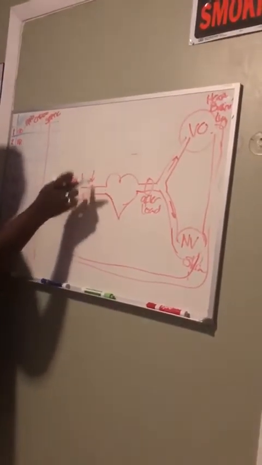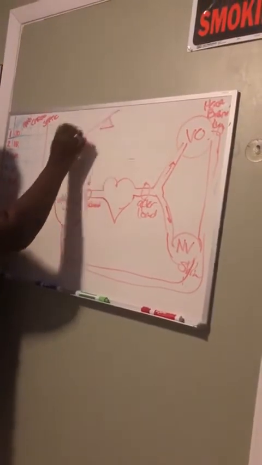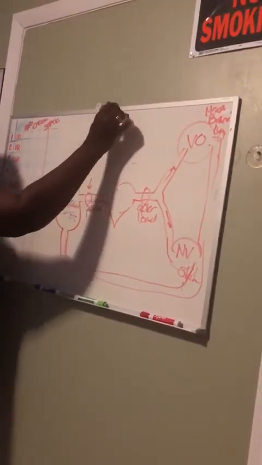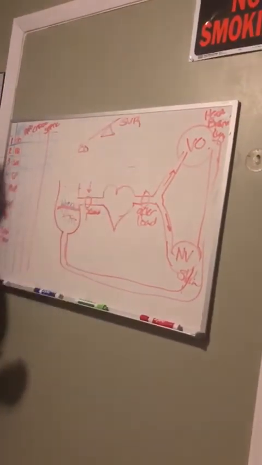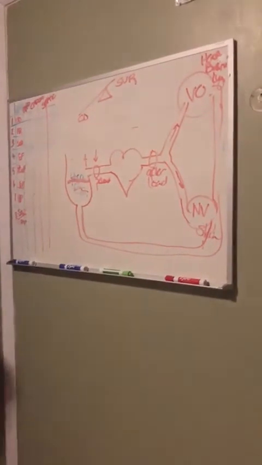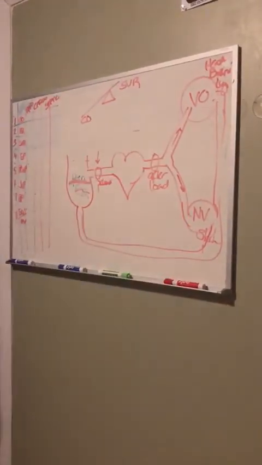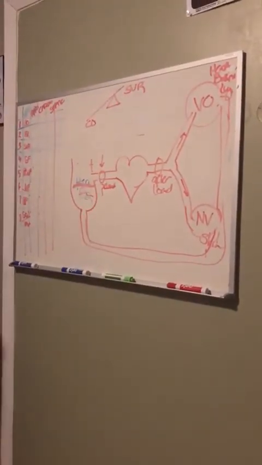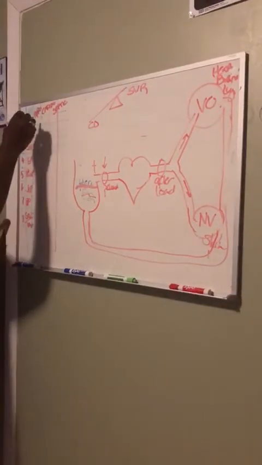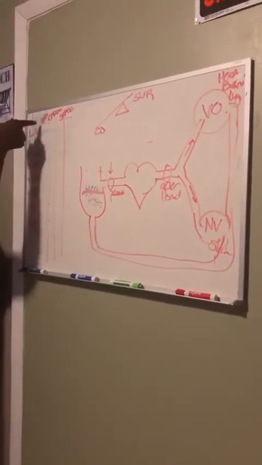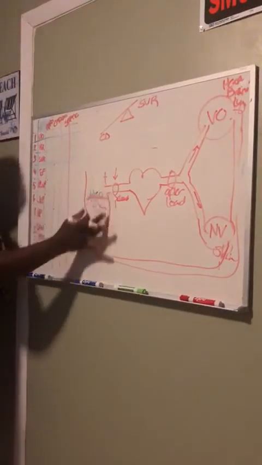What's going to happen? Your cardiac output is going to drop because there's not enough blood going into the heart to go to the vital organs and the non-vital organs. So your cardiac output is going to drop. But this is hypovolemic, low volume.